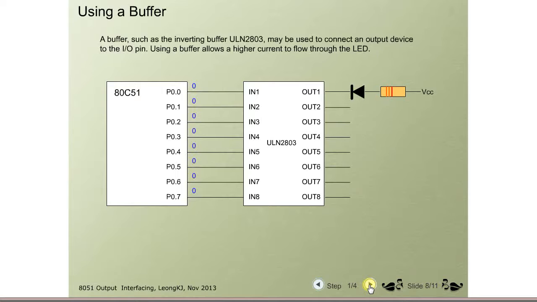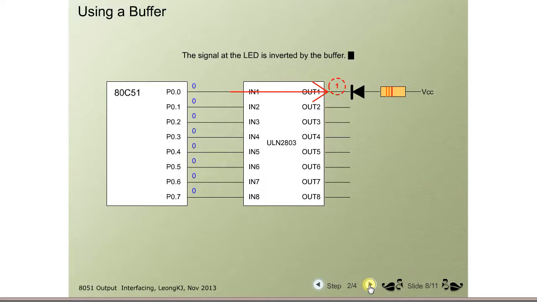A buffer, such as the inverting buffer ULN2803, may be used to connect an output device to the I/O pin. Using a buffer allows a higher current to flow through the LED. The signal at the LED is inverted by the buffer.